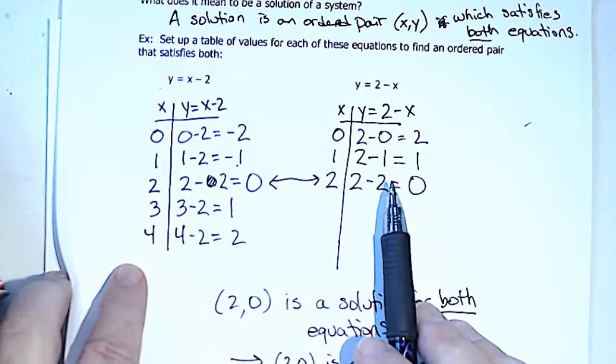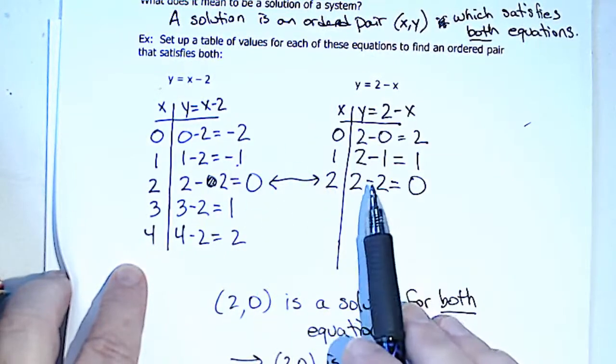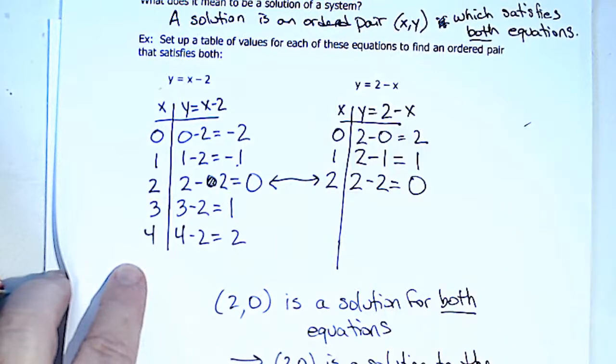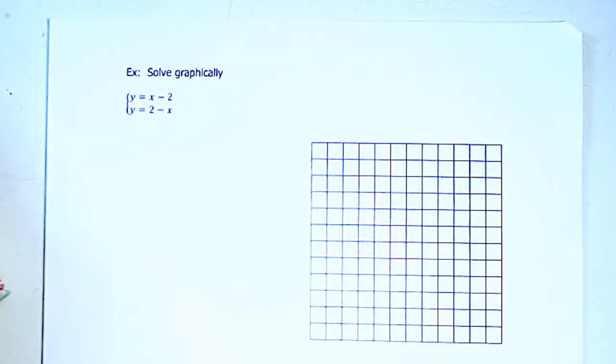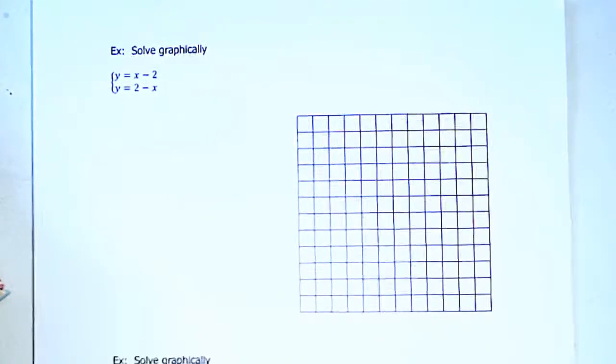From this, though, this is a lot of work. And we got lucky. The third point down was the one it matched. You can imagine there are a lot of graphs and a lot of lines where it doesn't go that easily or that quickly. And so the next technique we're going to talk about is how to use graphing to help you find these shared points.